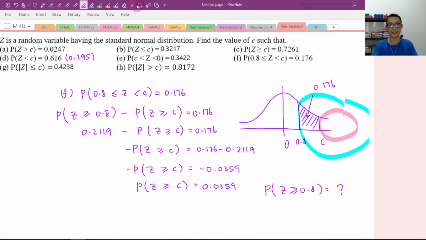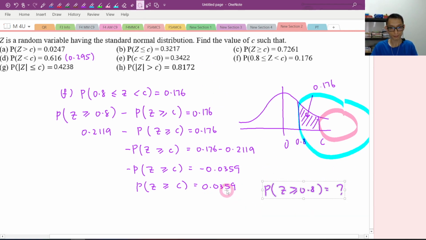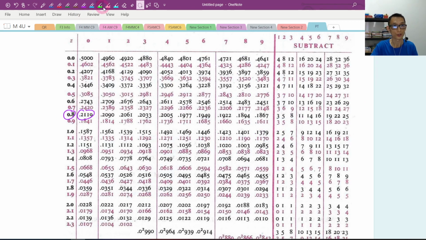Okay, now we can get the answer from the table. We start from inside, 0.0359. Okay, look for this. Exactly the same this time, so we don't have to go for this part.